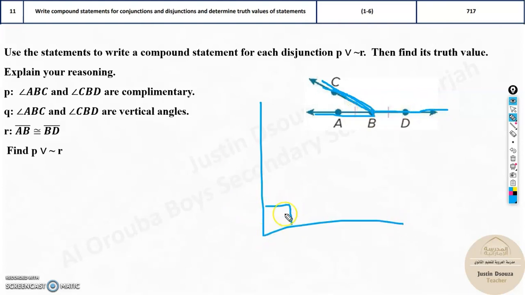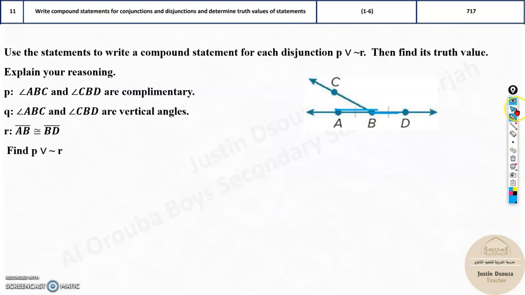Complementary means 90 degrees, a right angle. No, this is false. Supplementary means 180. Now, ABC and CBD are vertical angles. This is again false. And R, AB and BD are equal. Yes, that is true.